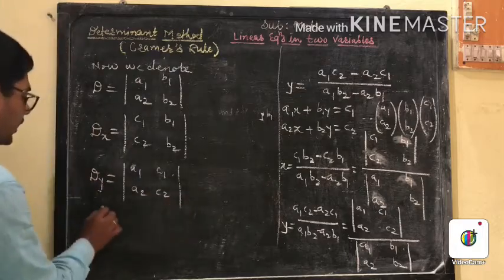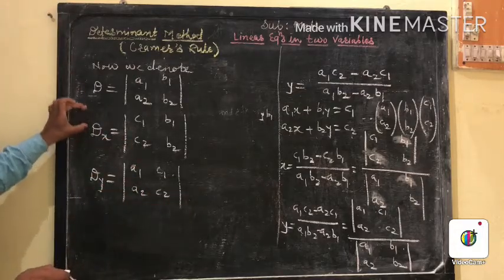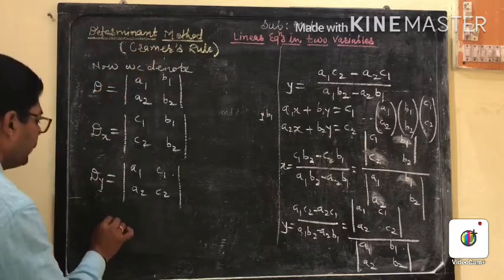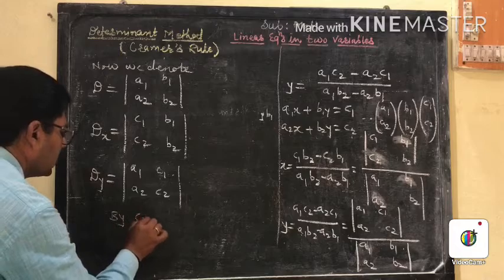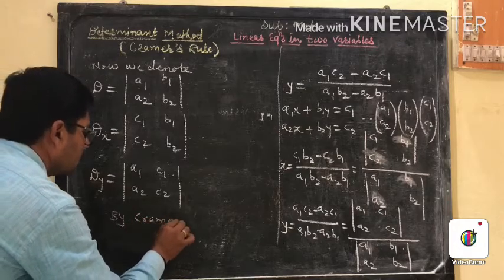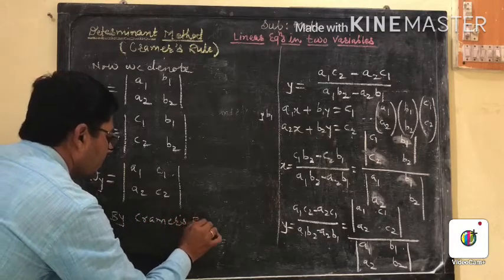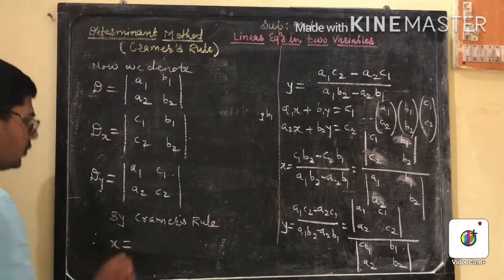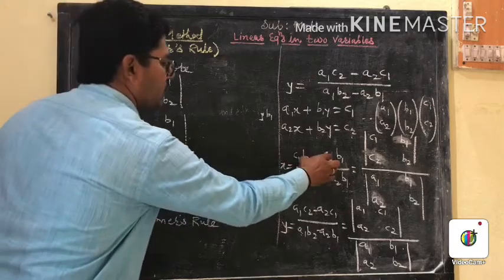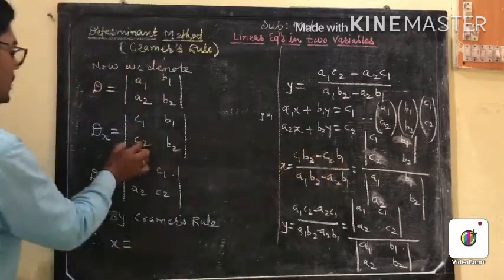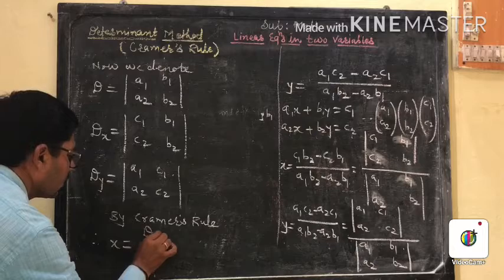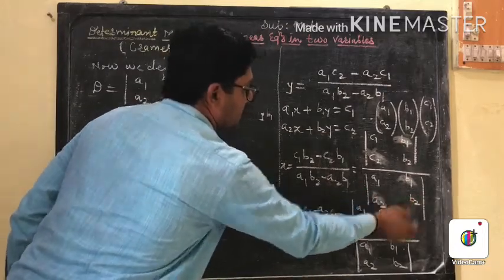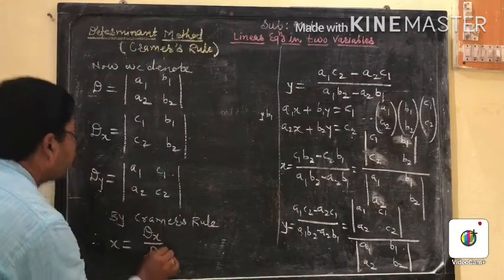Now by Cramer's rule, or the determinant method, the value of x is Dx upon D, where D is the capital D determinant.